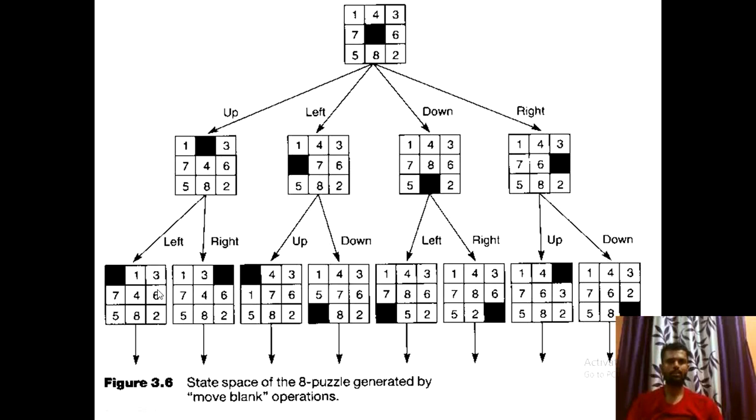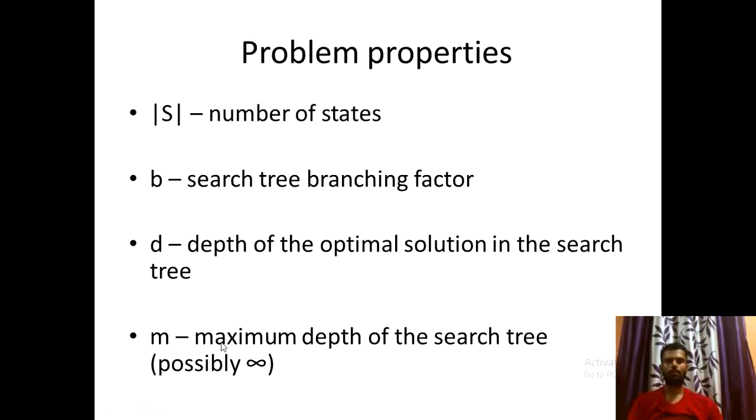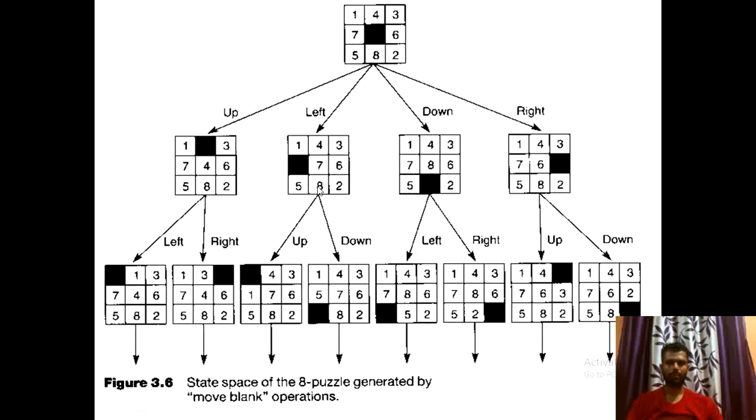This is level 1, this is level 2, again level 3, level 4. Like this, the problem solving strategy will create the levels. Understand? These are the branches, and we can consider the level as the depth. And m is the maximum depth of the search tree. That means how far the levels will go downside while solving the problem.